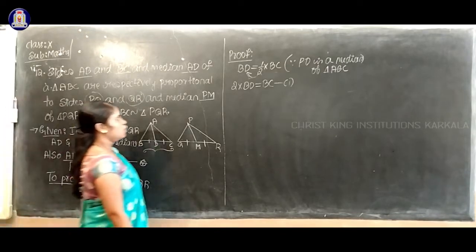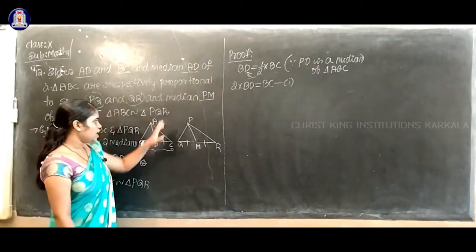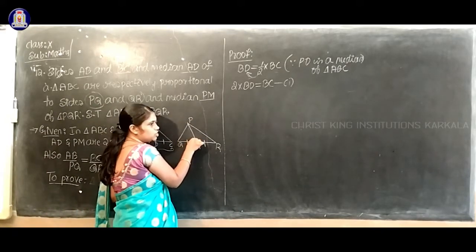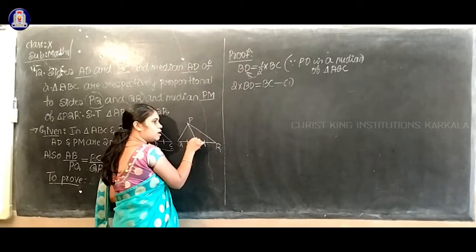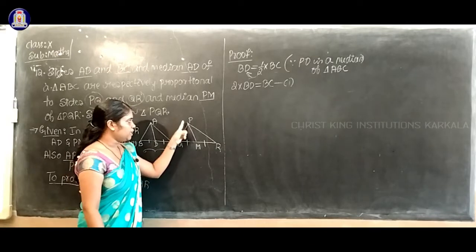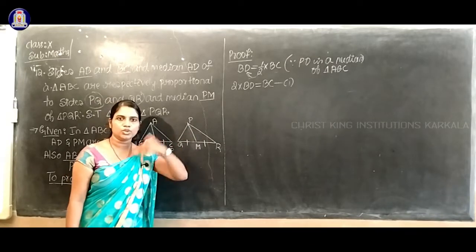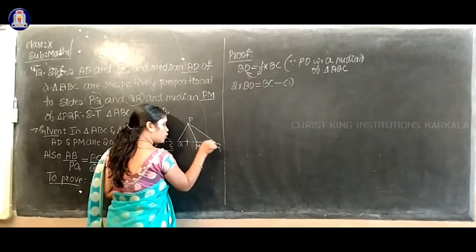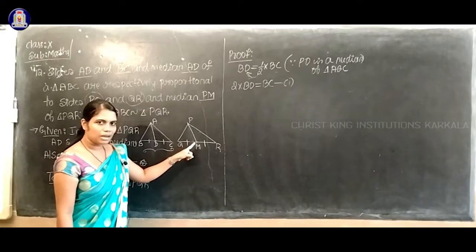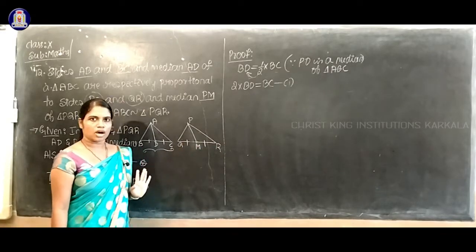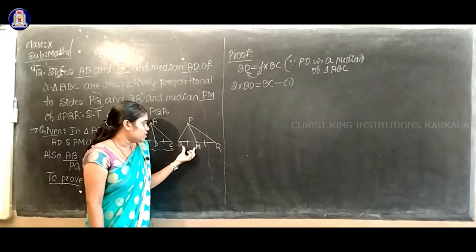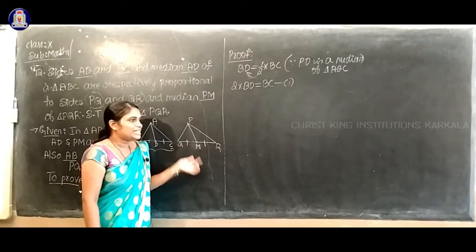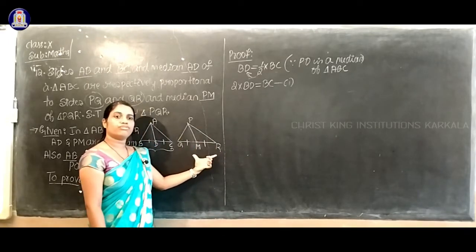Now another relation. In triangle PQR, again we know that PM is a median for this triangle, isn't it? So this PM will divide QR into two equal parts. That means this point M is a midpoint of QR. So again, can I say QM is half of QR, because QM is exactly half part of the full QR?